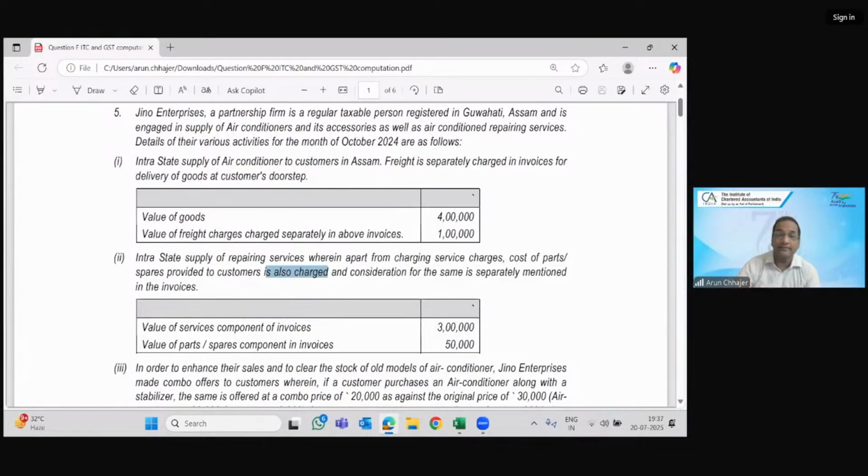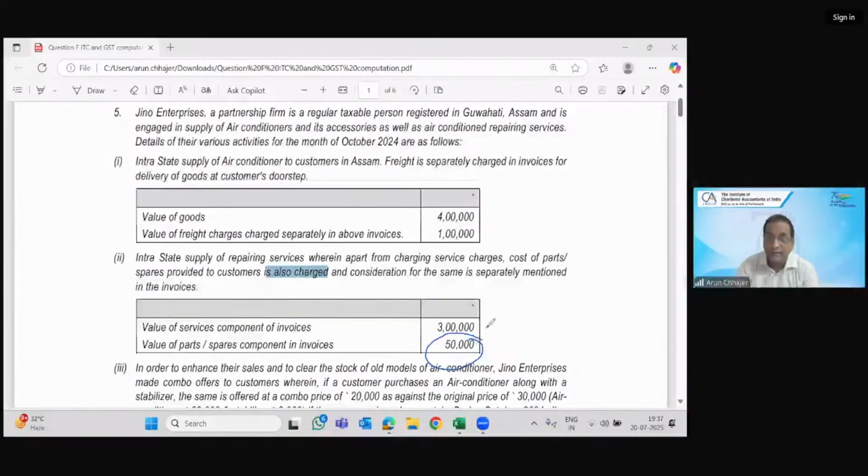Now you see, he has taken the parts also. Is it naturally bundled? Cannot say. A part of 50,000 in a service of 3 lakh, cannot say. And it says that apart from charging service charge, the cost of the part provided to the customer is also charged.